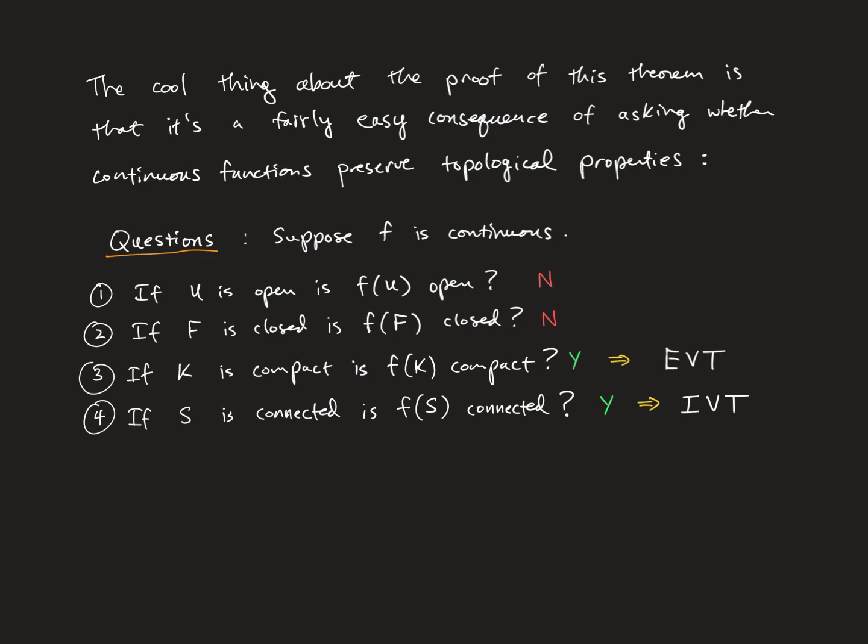These are easy exercises. You should be able, with not too much effort, to produce some continuous function and open set such that f of U is not open, and some closed set and continuous function so that the image of that closed set is not closed.